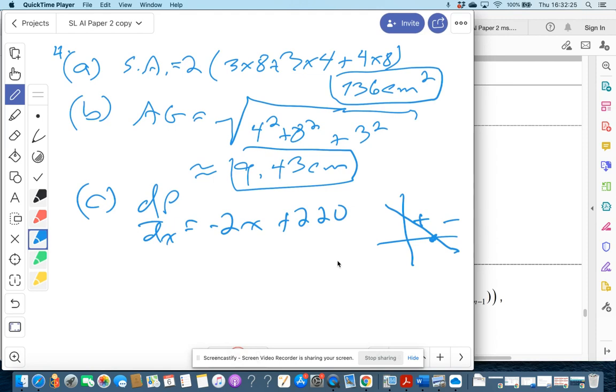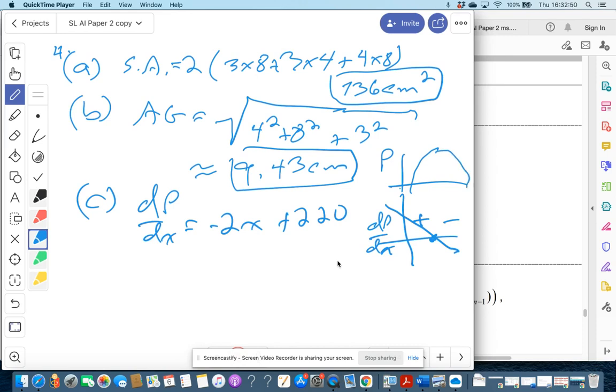This is dP/dx that I just graphed, which is the gradient of the profit function. So the profit function would be going up and back down again. I'm sorry, I didn't put that in the right location. The peak is here.